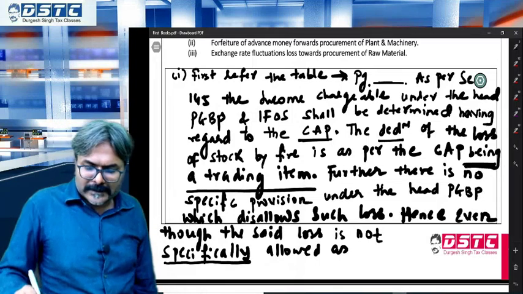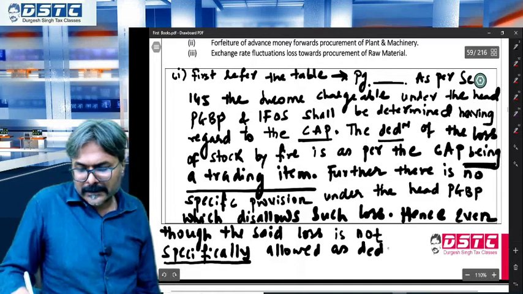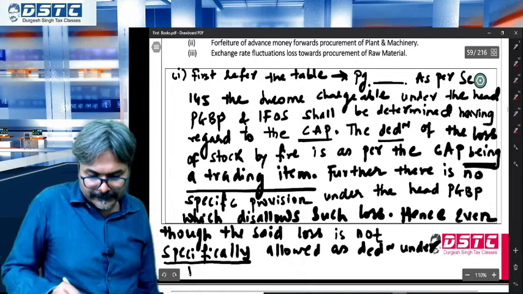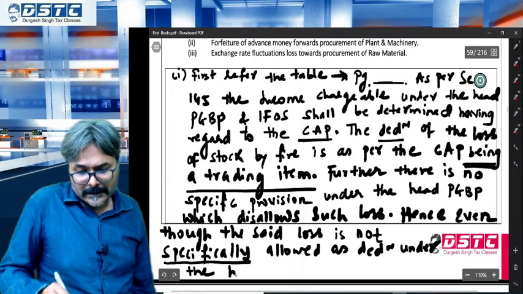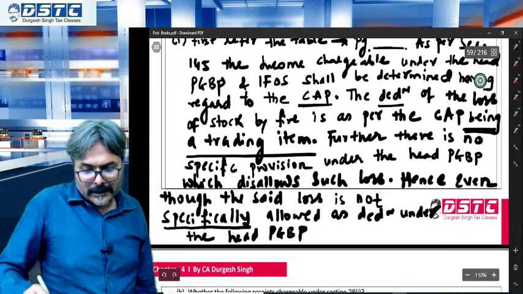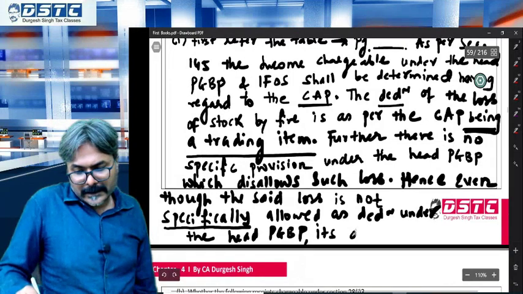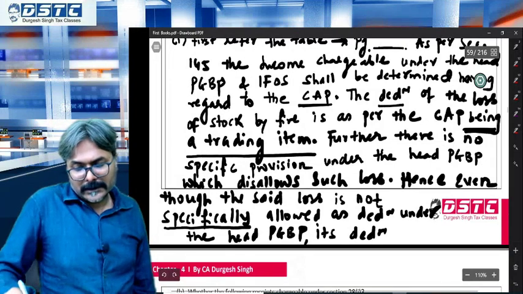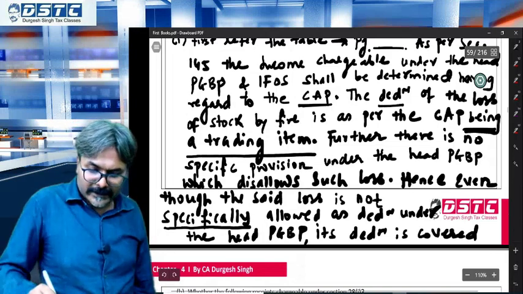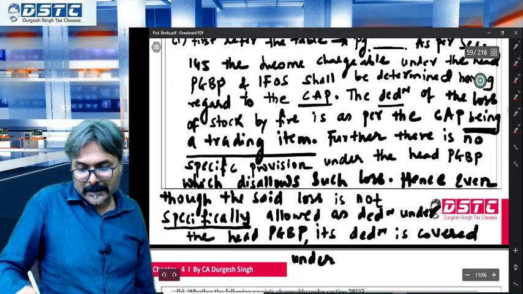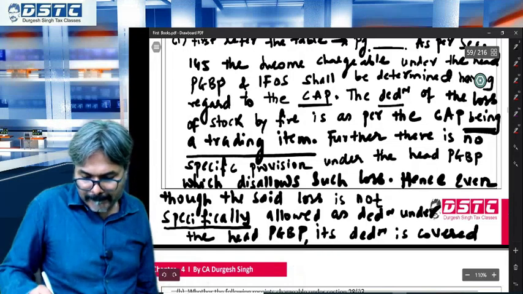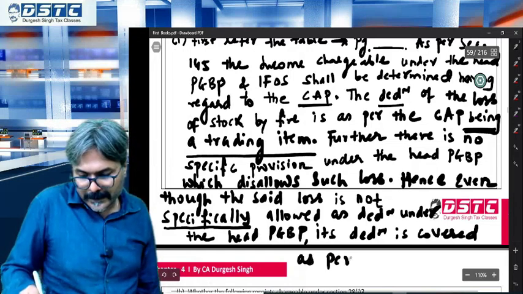Even though the said loss is not specifically allowed as deduction under the head PGBP, its deduction is covered as per what?